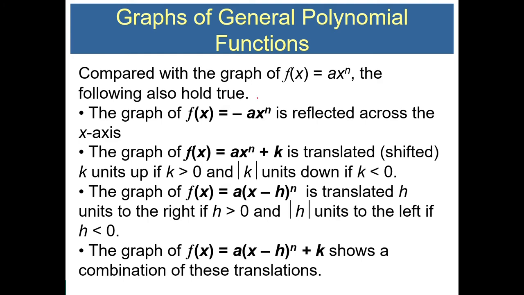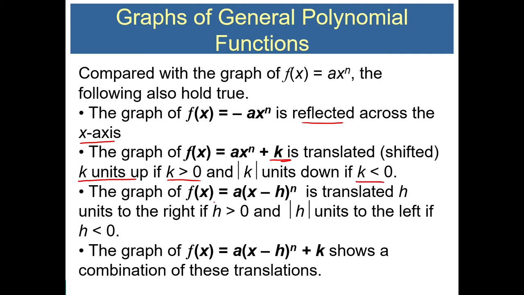Compared with the graph of f(x) = ax^n, the following holds true. The graph of f(x) = -ax^n is reflected across the x-axis because of the negative in the front. The graph of f(x) = ax^n + k is translated or shifted up k units if k is positive, and the absolute value of k units down if k is less than 0.